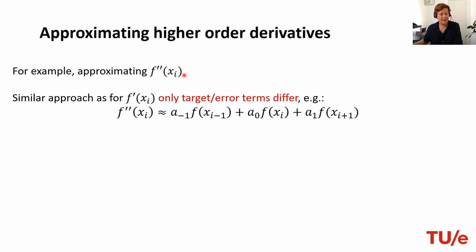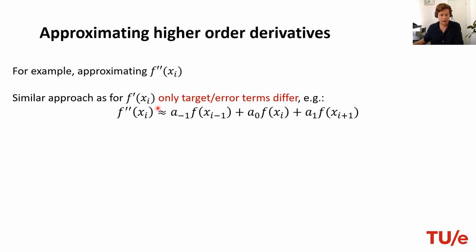The answer is that, in order to derive such a finite difference scheme, there is very little difference in what we need to do when deriving second order derivatives or first order derivative approximations. The only difference is that the error terms that we want to cancel, or the target terms that we want to make equal to 1, actually differ depending on what kind of value we're trying to approximate.